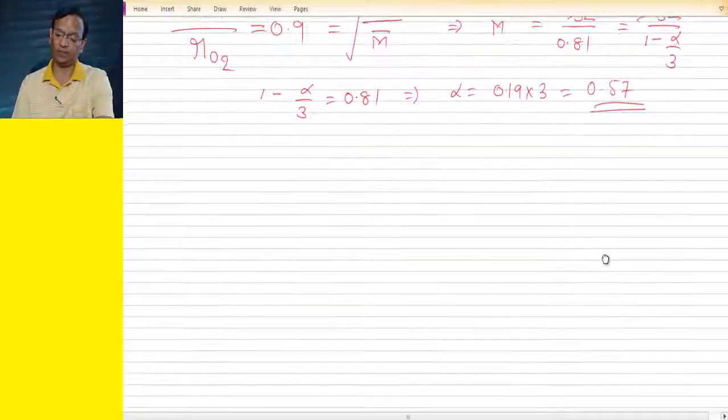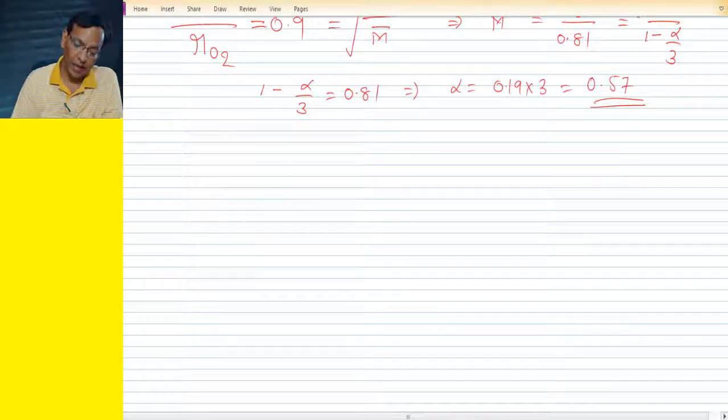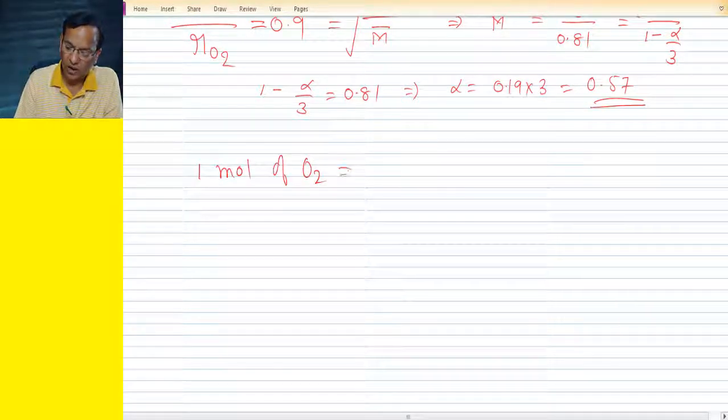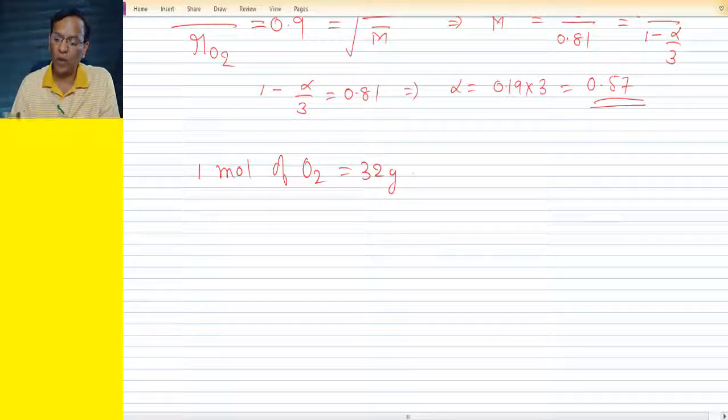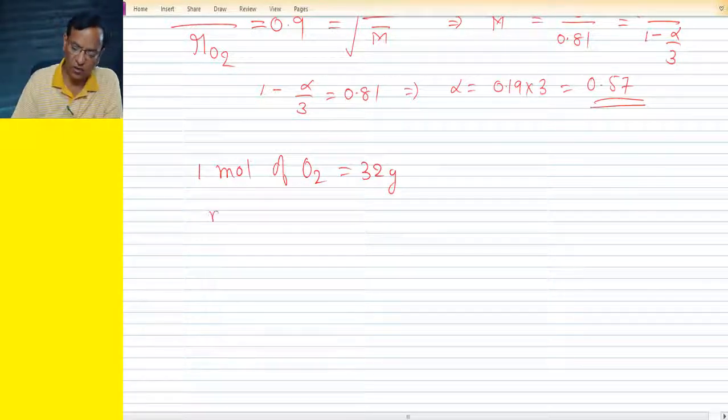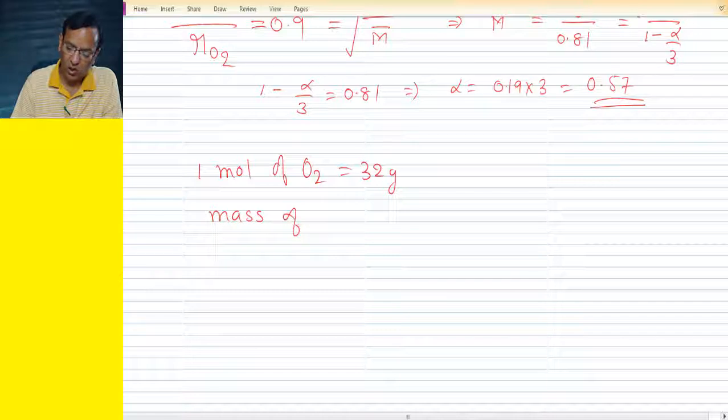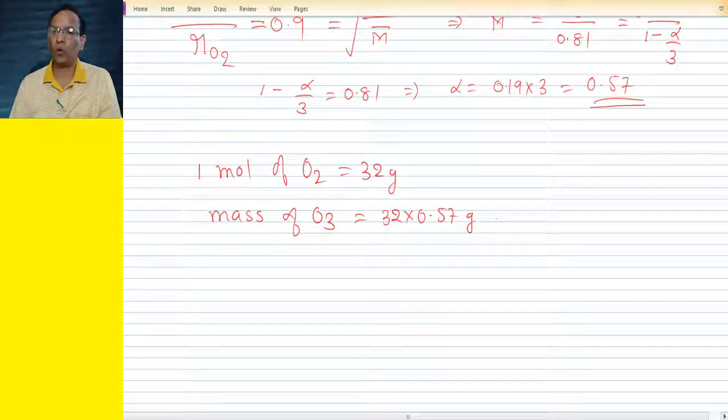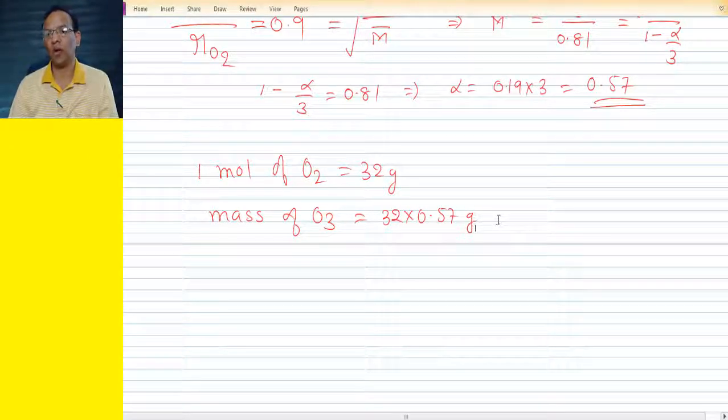Now if we start with 1 mole of oxygen, 1 mole of oxygen weighs 32 gram. Out of 32 gram, 0.57 into 32 gram has been converted into ozone. So the mass of ozone will be 32 into 0.57 gram. But the total mass of the mixture will still be 32 gram due to conservation of mass.